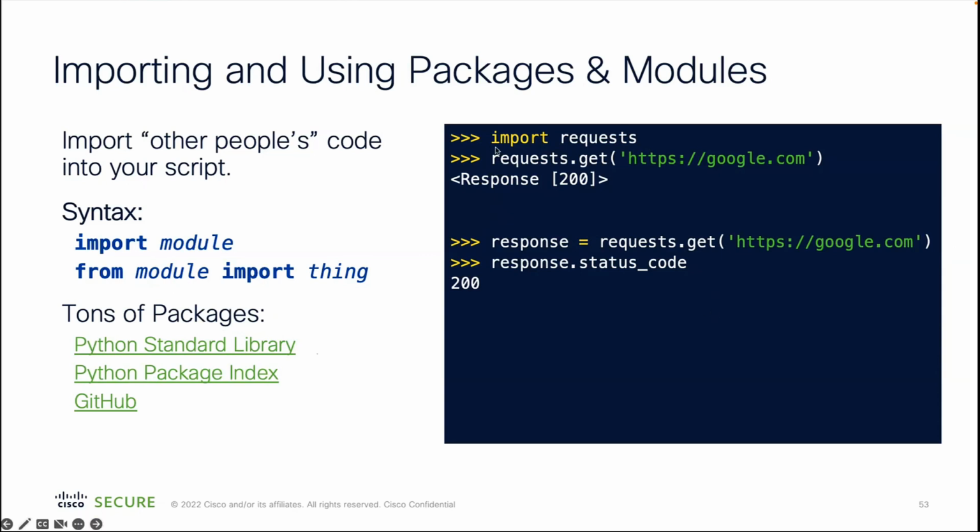And to use it within your script, you will need to use the import statement, which allows you to import the module. You are also able to import just specific methods from a module, and then you would use the syntax from module import, and then you would list the specific methods, if you want to save memory, for example, if you're only going to use just one method.